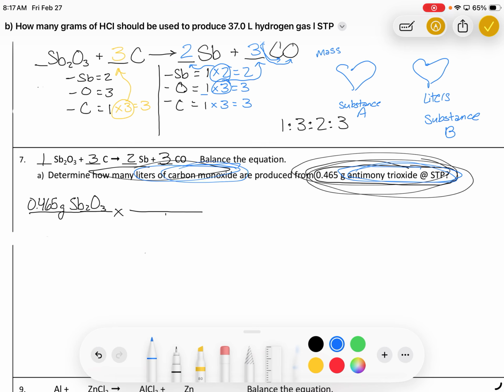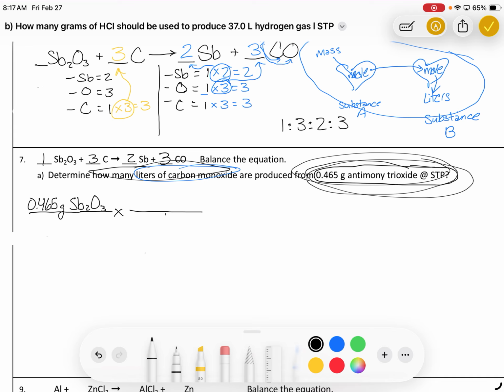Substance B is referring to carbon monoxide, what we want. So we're going to start at mass. We have to convert mass into what first? Moles. Then we'll convert moles into moles. And then we'll convert moles into liters. So this represents our game plan, what we're going to be doing.